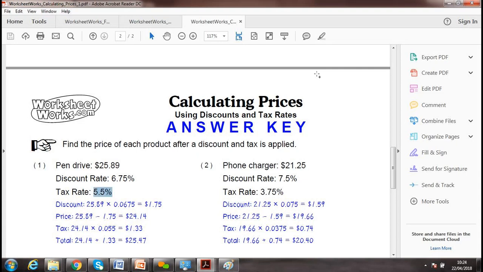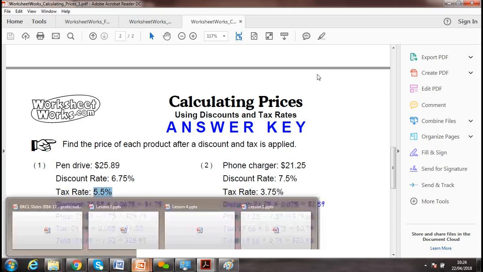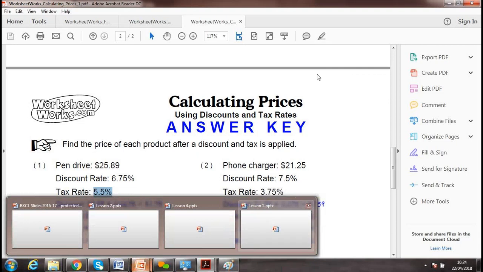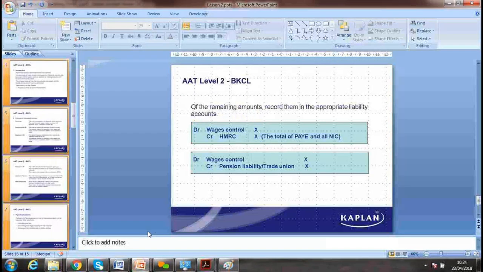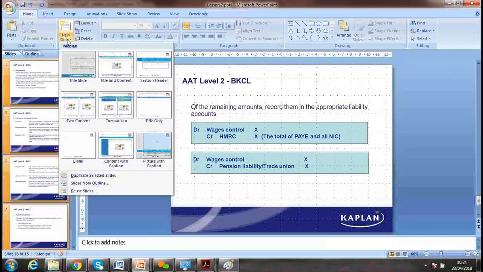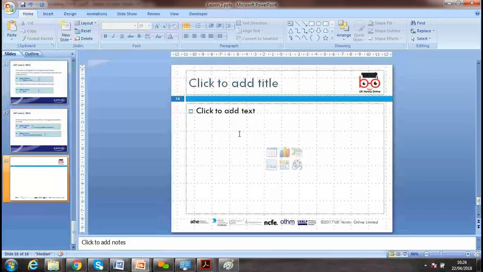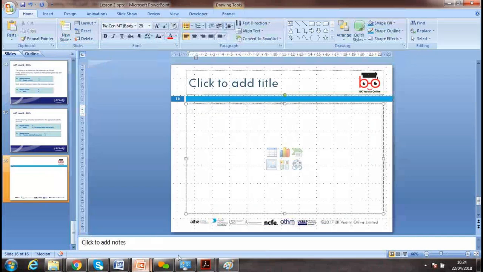We have 5.5%. So if you need to add to any figure, how can you calculate the added figure?